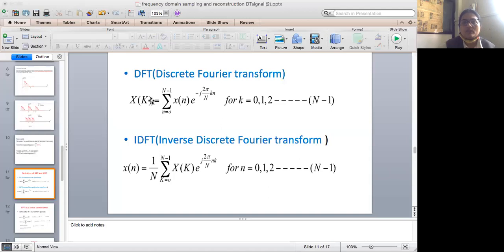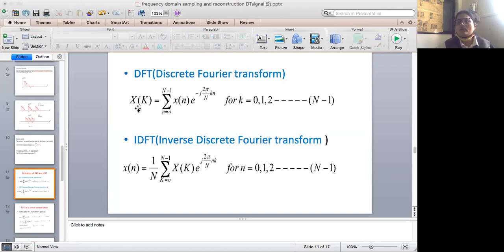Discrete Fourier transform is what we call DFT. The use of the discrete Fourier transform is to convert the discrete input signal, x of n, into the frequency domain. X of k represents the signal in the frequency domain.